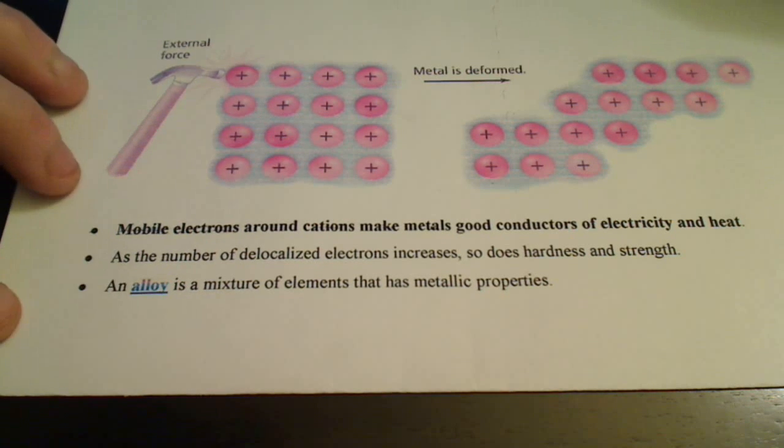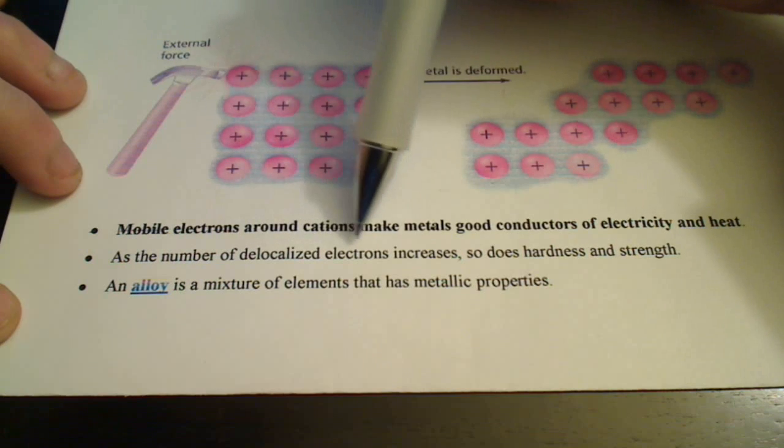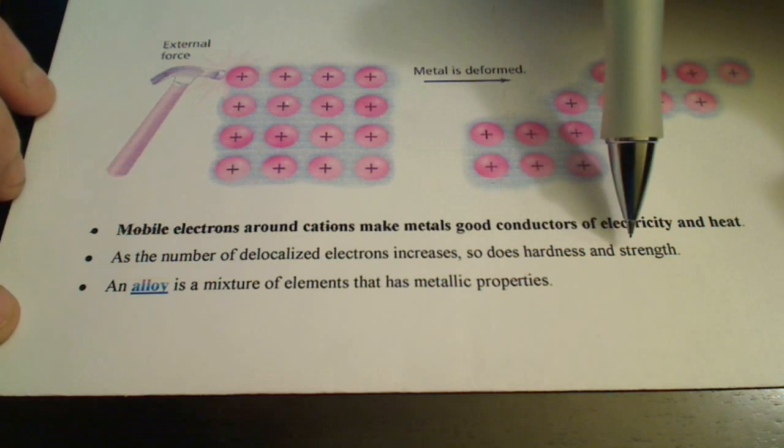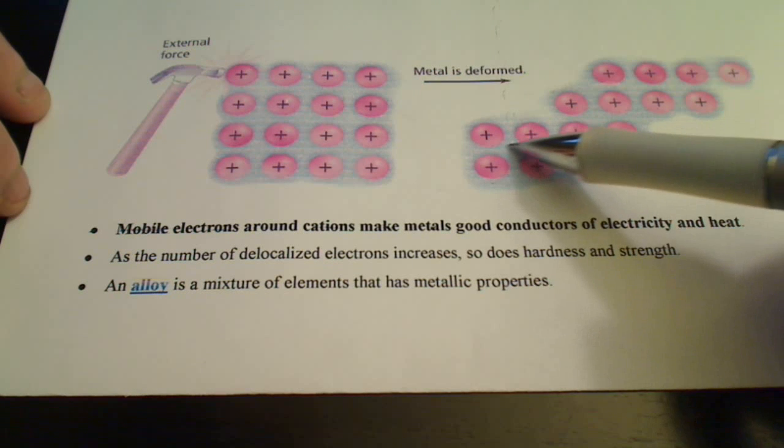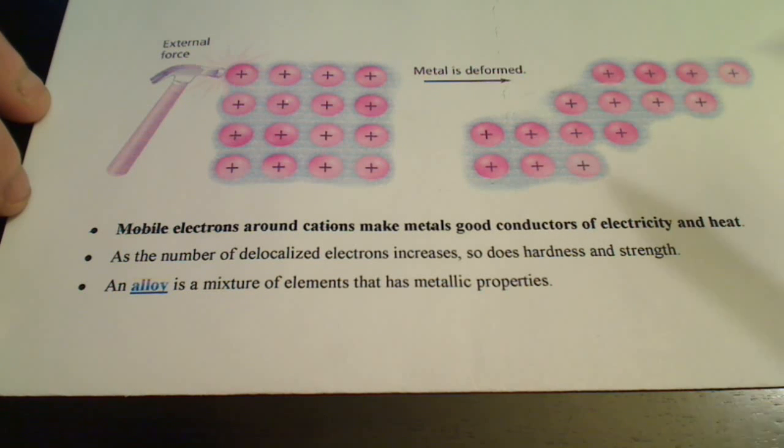Next. As the number of delocalized electrons increases, so does the hardness and strength. What does that mean? That means that if you have more and more electrons inside of this sea, there's more and more overlap, and the hardness and strength of the metal starts to increase. If you think about it for a moment, that actually makes sense.